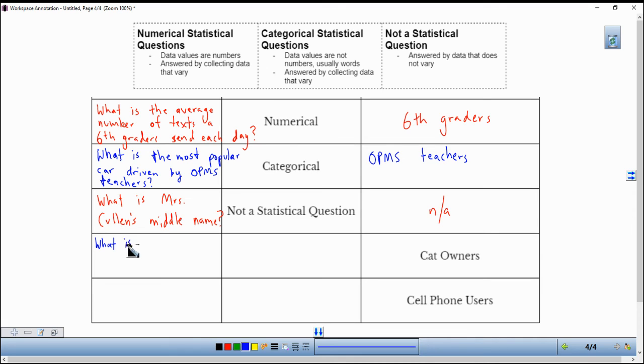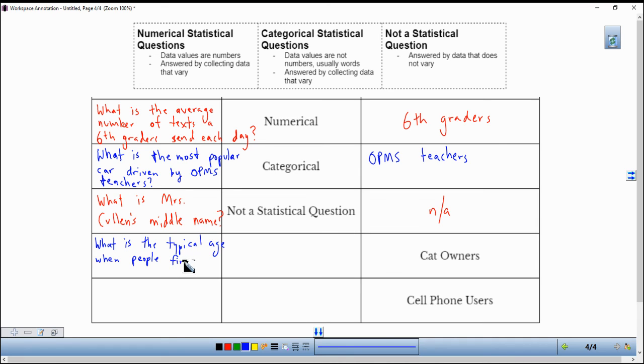What is the typical age when people first get a cat?